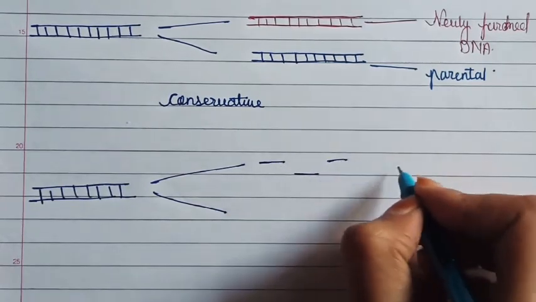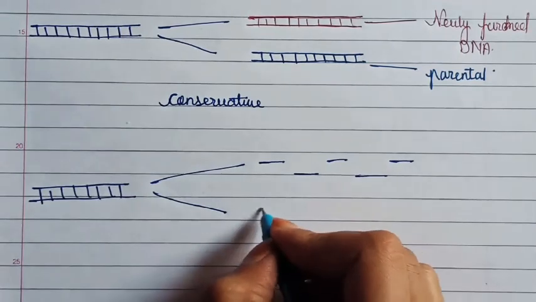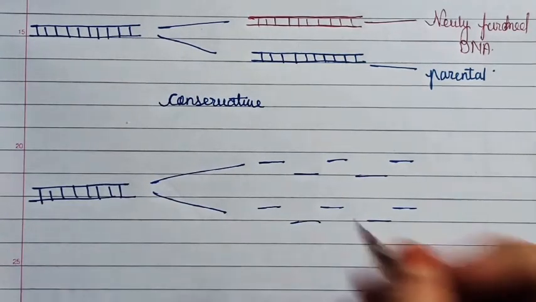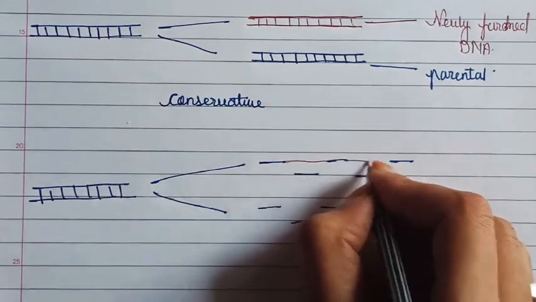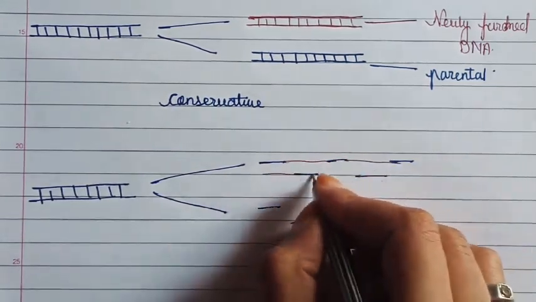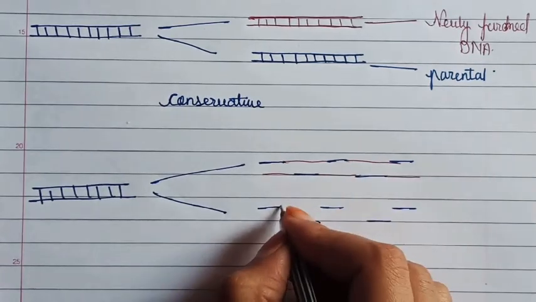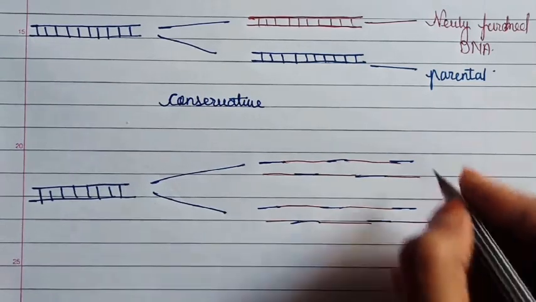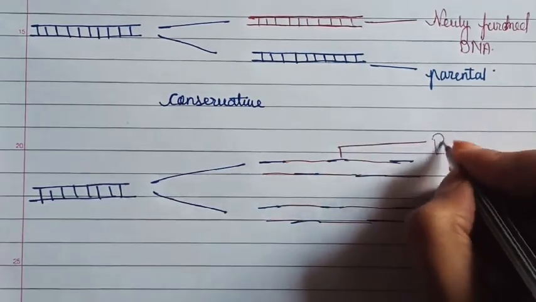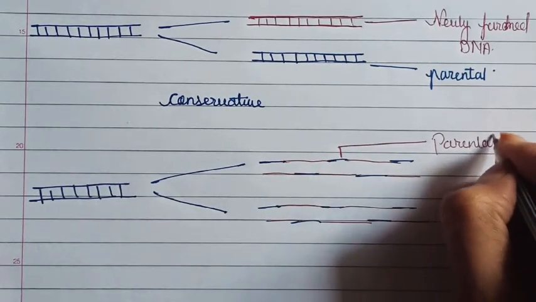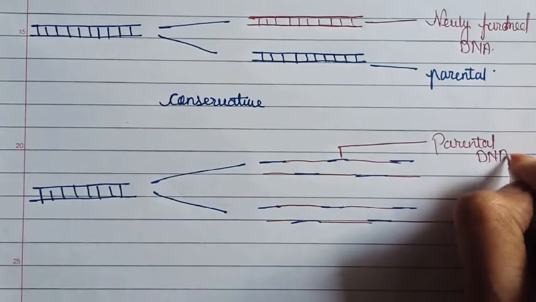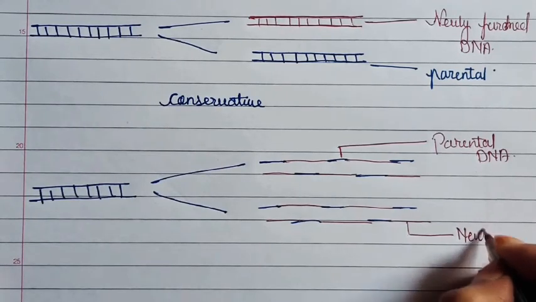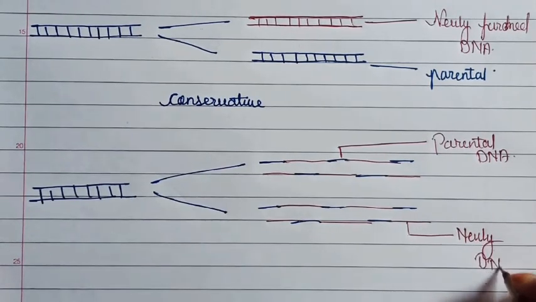Here you can see fragments of DNA, meaning some part of the DNA is parental or old DNA, and some part is newly synthesized DNA. Here you can see it is parental DNA, and here it is newly synthesized DNA.